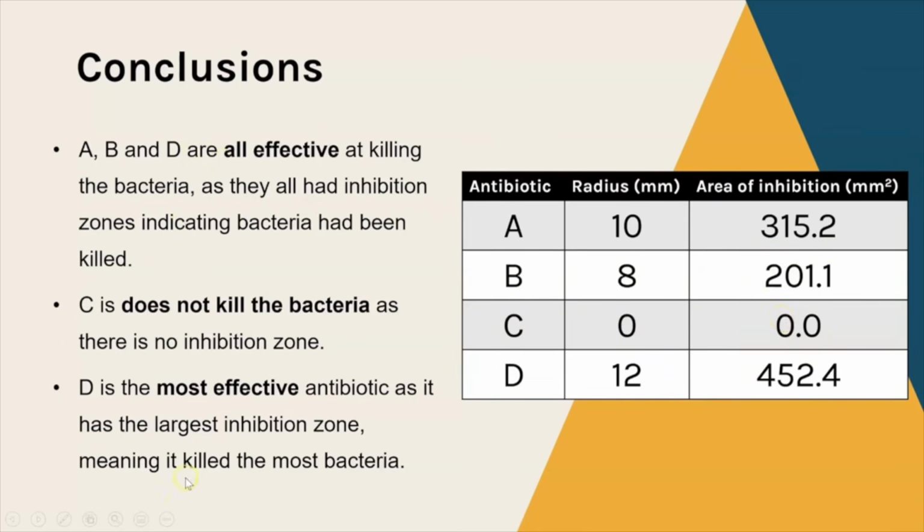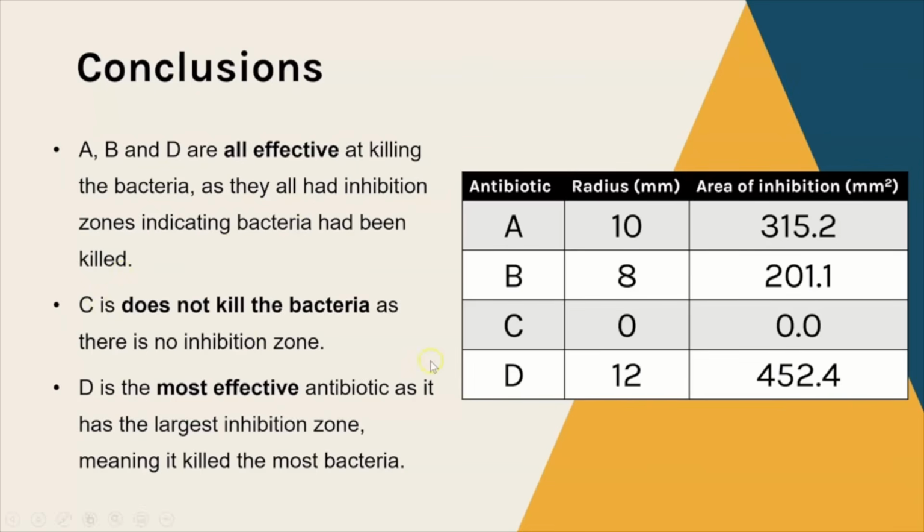Now, I've actually linked the conclusion and explanations together over here. So one conclusion could be that A, B, and D are all effective at killing this particular bacteria. The explanation is because they all had inhibition zones, and that indicates that they had killed bacteria.